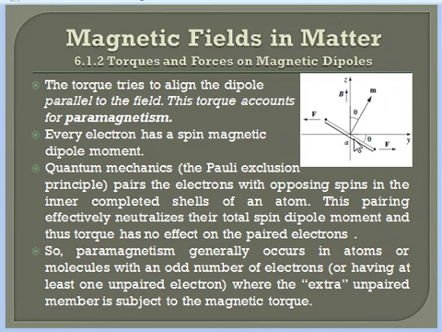We can see in any material there will be atoms, and inside the atoms there are electrons, and each electron has a spin dipole moment because the electron will be spinning about its own axis. So when we apply an external magnetic field, these spin dipole moments will interact with the magnetic field.